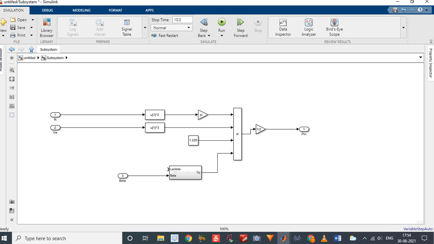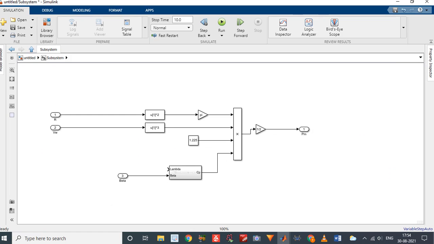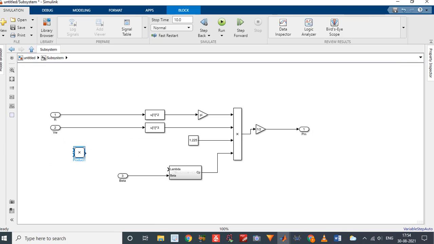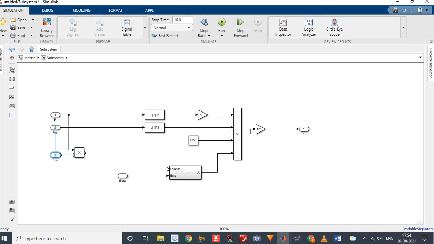And then for lambda we have to call the saturation also. Here you can see, first of all we have to get the product one. Plus we have to do the equation. Then this will be 4 to 1, W or omega, I can write W. Connect here.